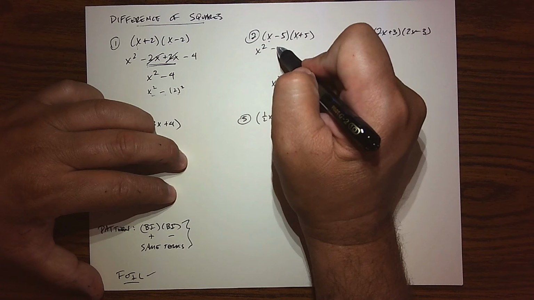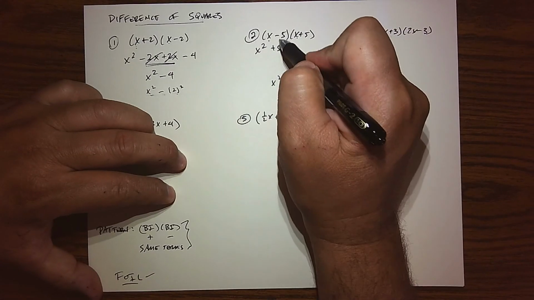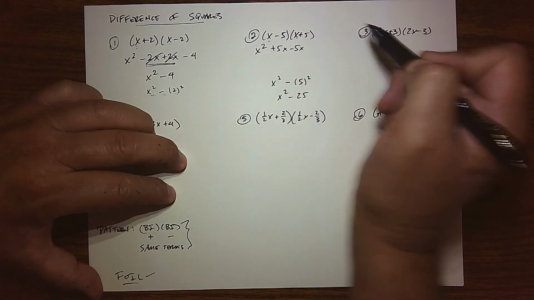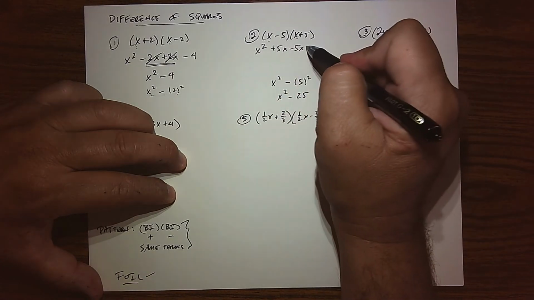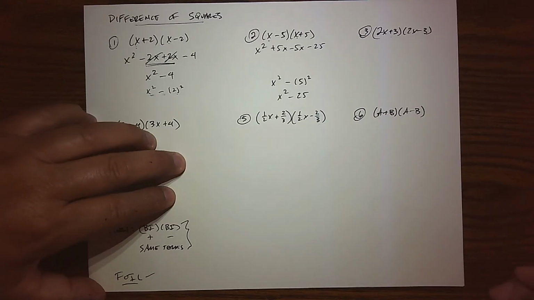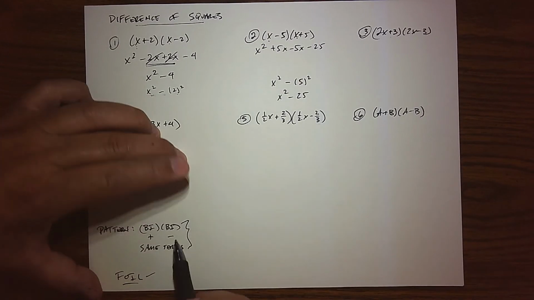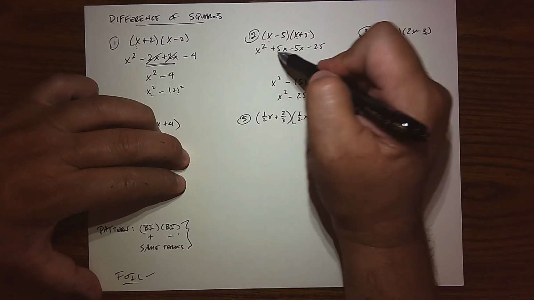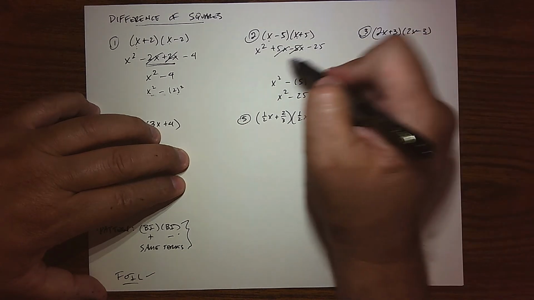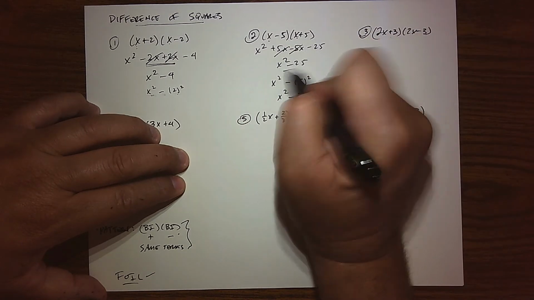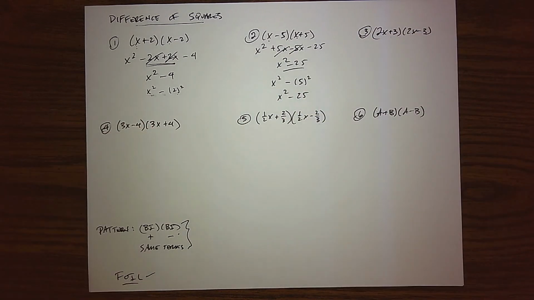Outer gives us a positive 5x. The inner gives us a negative 5x. Last times last gives us a minus 25. Again, because they're same terms, different signs, the outer and the inner cancel out, leaving us exactly what I predicted: first term squared minus second term squared, otherwise known as the difference of squares.